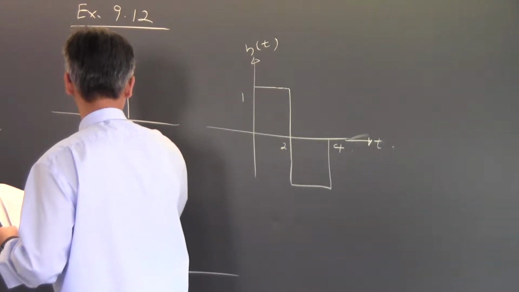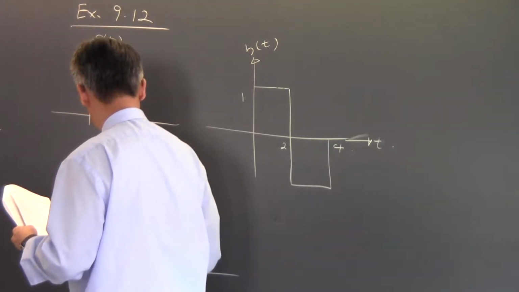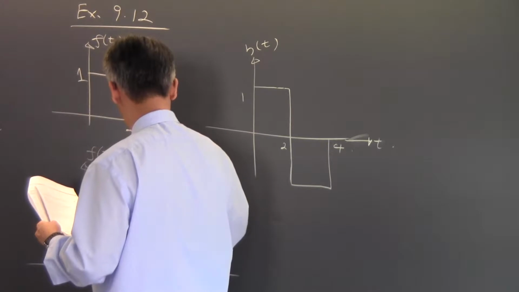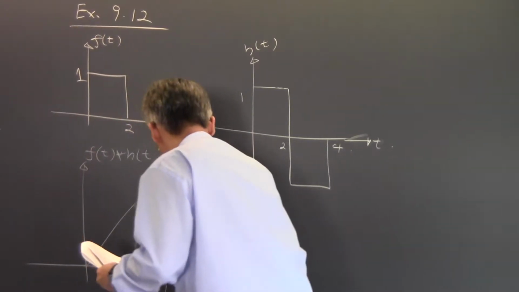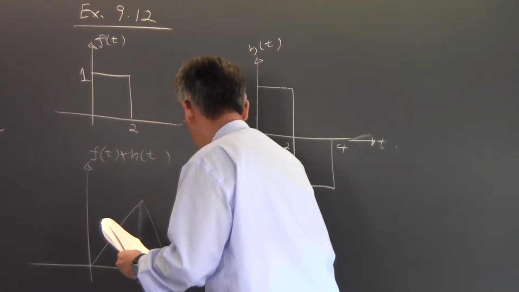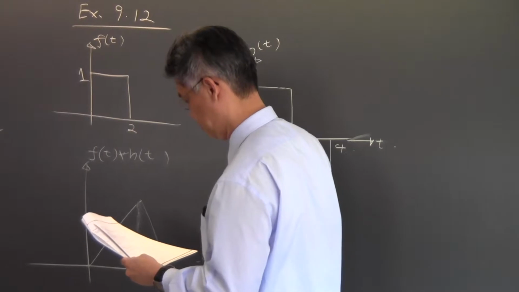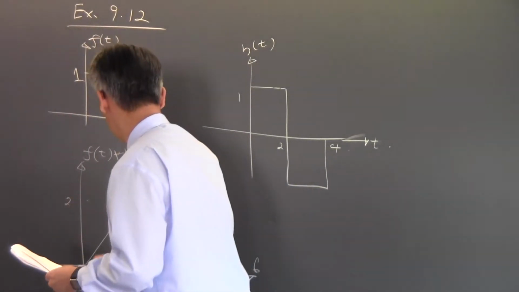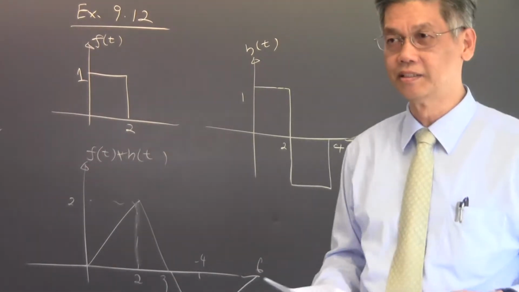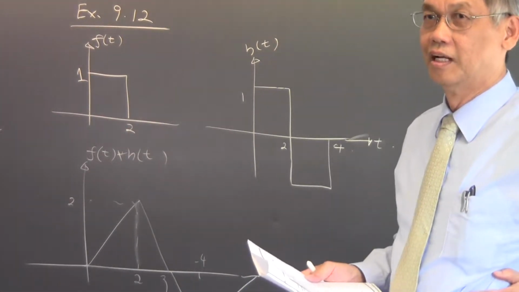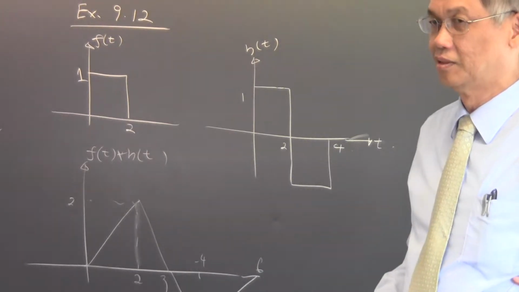You get something that looks like this: peaks at 2, and then goes to 0 at 3, and then negative peak at 4, and then goes to 0 at 6. So this is 2, this is minus 2. You can do this graphically in your mind. Unless you want me to go through them, I would rather that you do them yourselves.